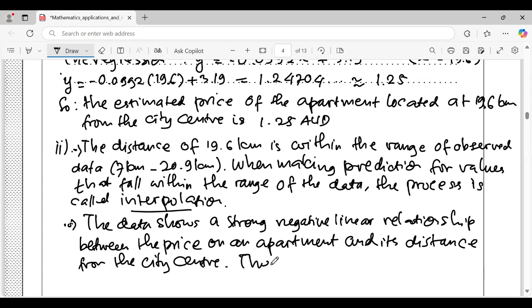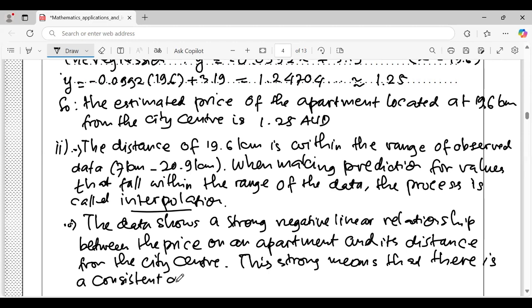This strong means that there is a consistent and predictable relationship of two variables.